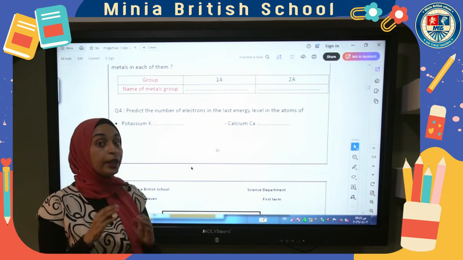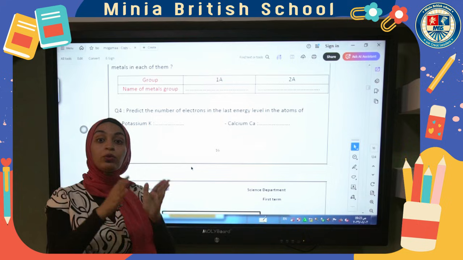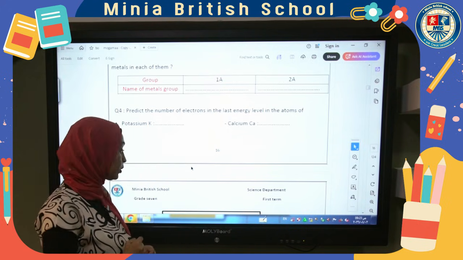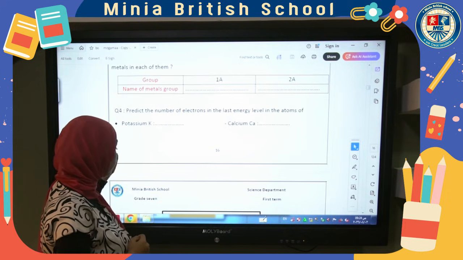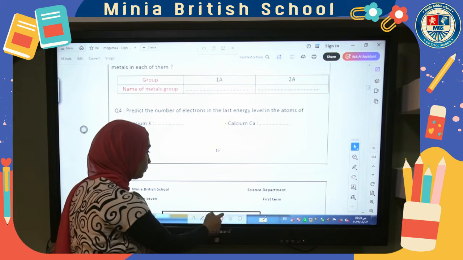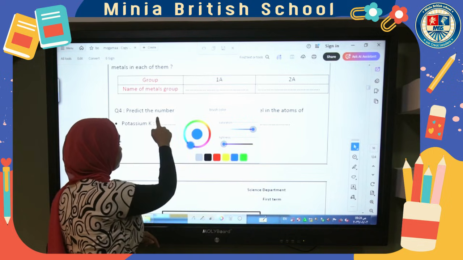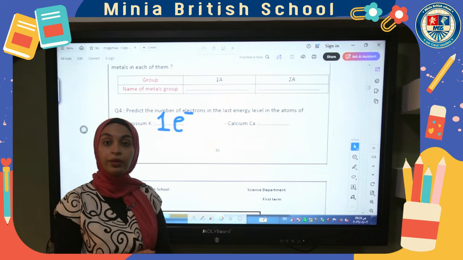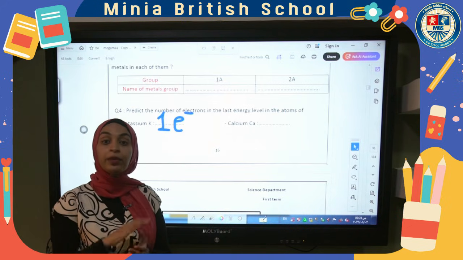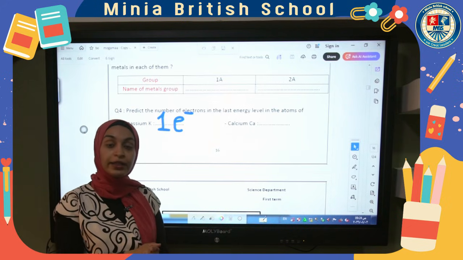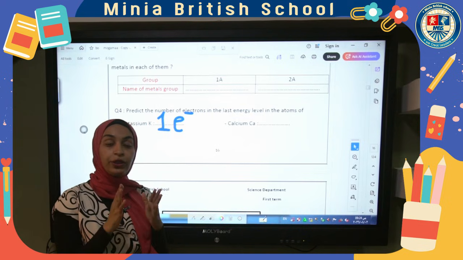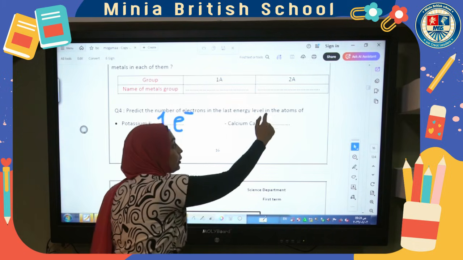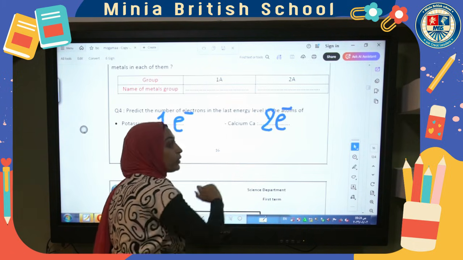Because it's located in 1A, the last energy level must contain 1 electron. So I will write here 1 electron. What about calcium? It's located in 2A, S block. And we said that 2A means it contains 2 electrons. So I will write 2 electrons in its outermost energy level.